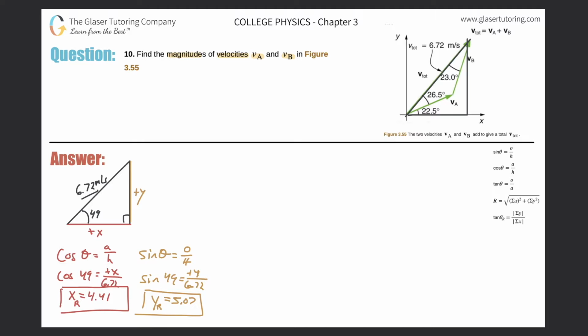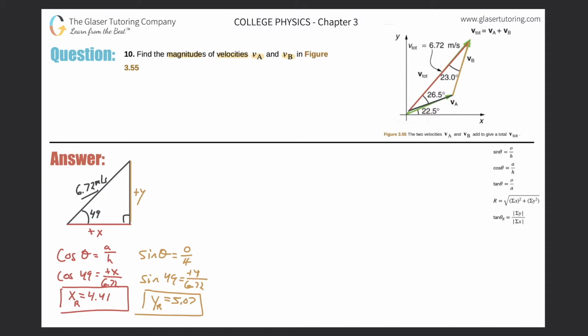Now remember, looking back to the picture on the upper right-hand side, that this resultant vector is simply the summation of this vector and this vector. So what exactly does that mean?